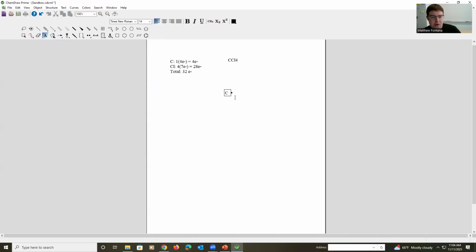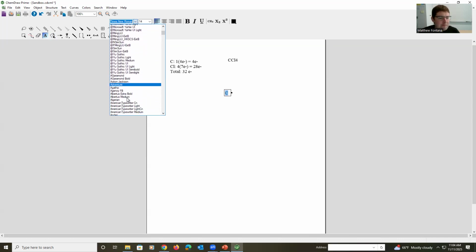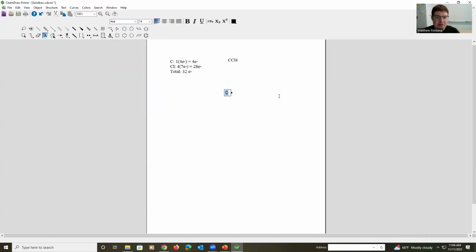So one way to do this is the central atom usually is the atom that you have maybe one of. That's not a hard rule and it doesn't work all the time, but it tends to work pretty well for introductory examples. And so we got one carbon, we have four chlorines, and so we should then have carbon be the center atom.